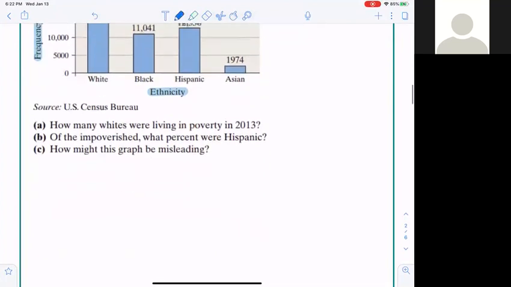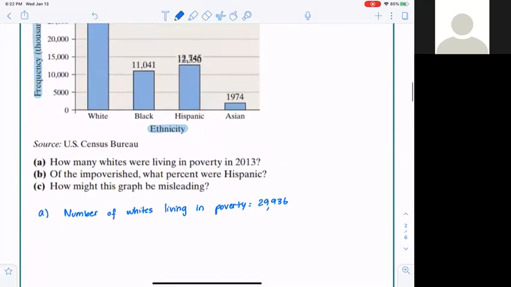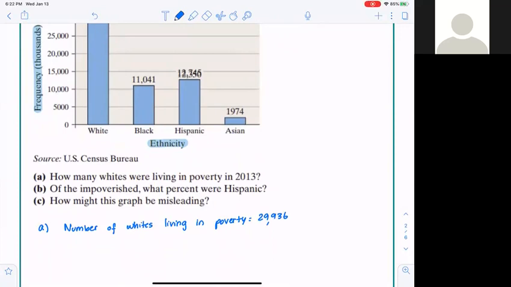So of all the impoverished people, what percent were Hispanic?